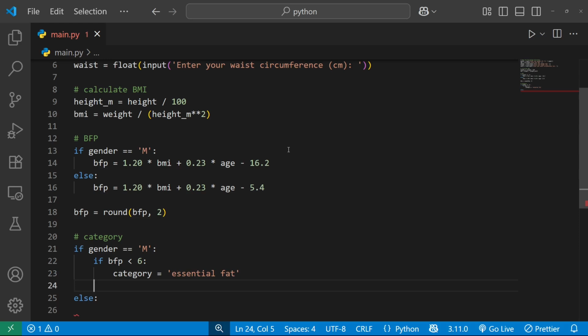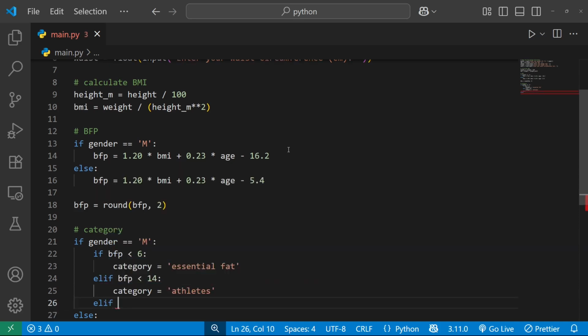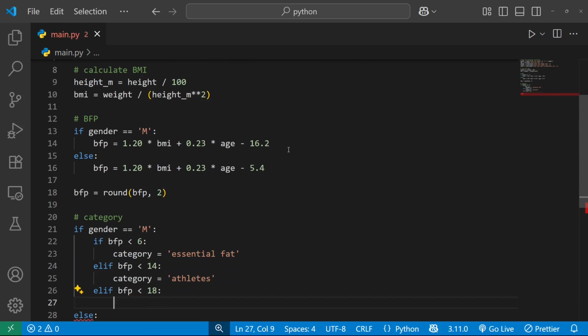If BFP is smaller than 14, the category will be athletes. If BFP is smaller than 18, the category will be fitness.